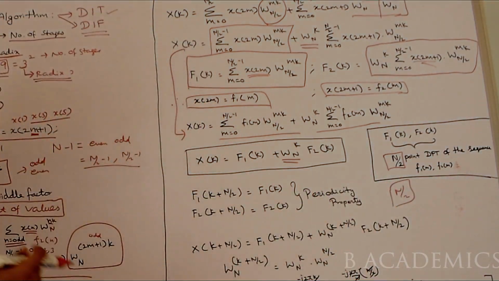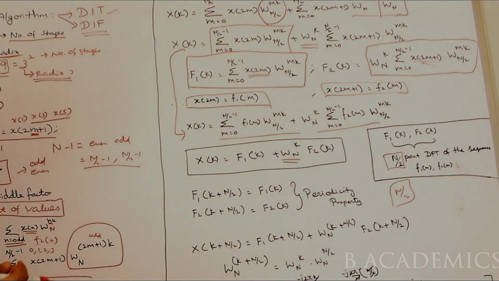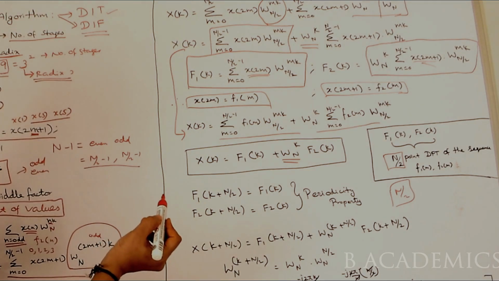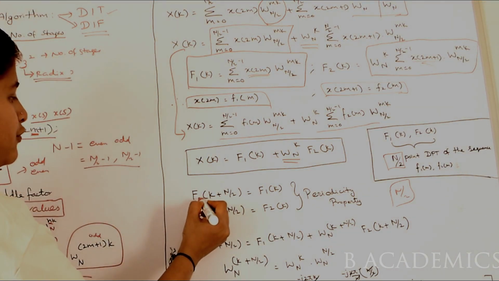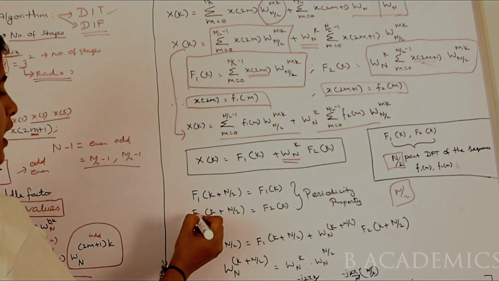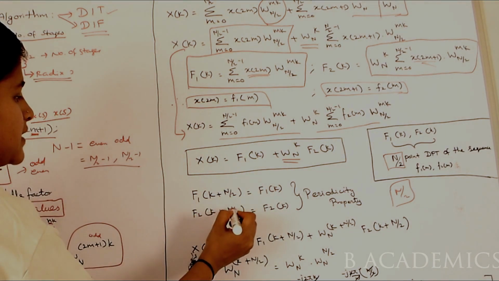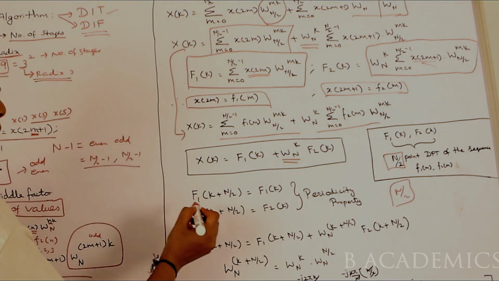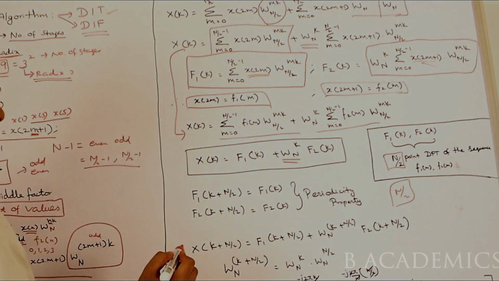For finding out the other half of your spectrum, you are using the periodicity property. The periodicity property states that f1 of k plus n by 2 is equal to f1 of k, and here f2 of k plus n by 2 is equal to f2 of k. Your sample varies but the function remains the same.